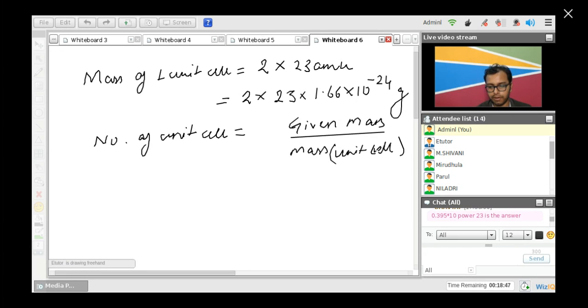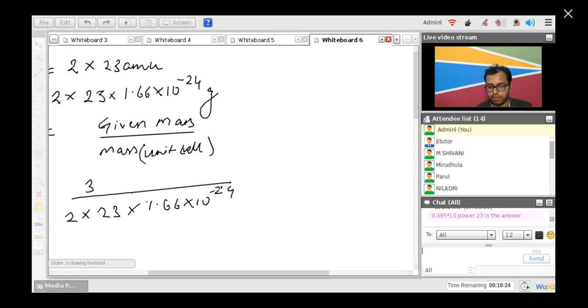And this will be equal to 3 upon 2 multiplied by 23 into 1.66 into 10 to the power minus 24, right? So both ways you can obtain the number of unit cells, right?